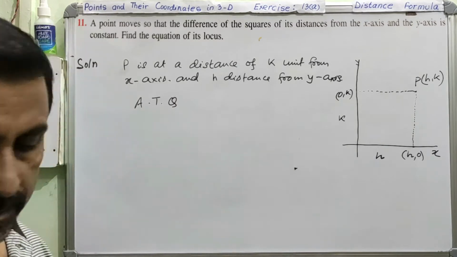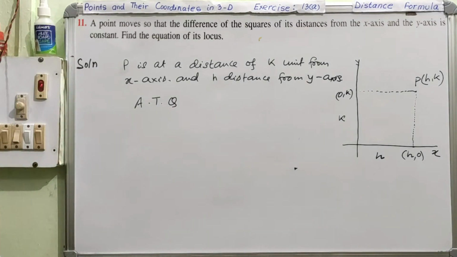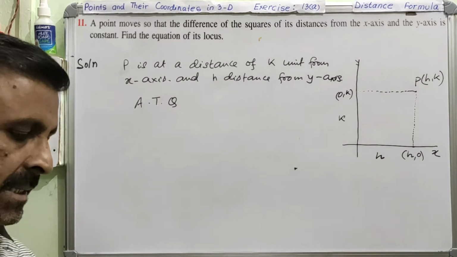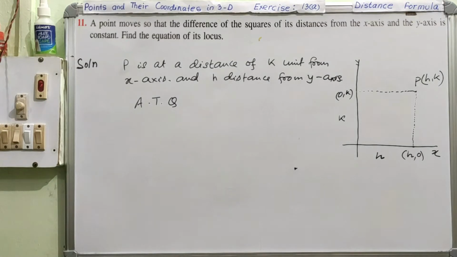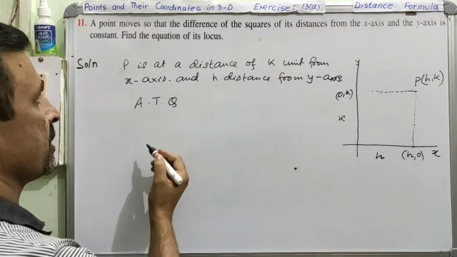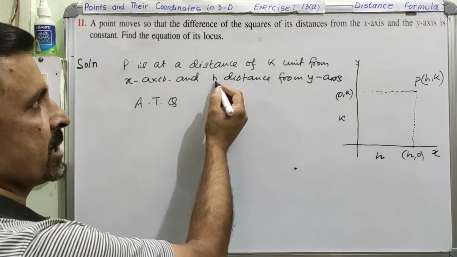Now, according to the question, the difference of the square of its distance from x-axis and y-axis is constant. From x-axis it is at a distance of k, and from y-axis at a distance of h.